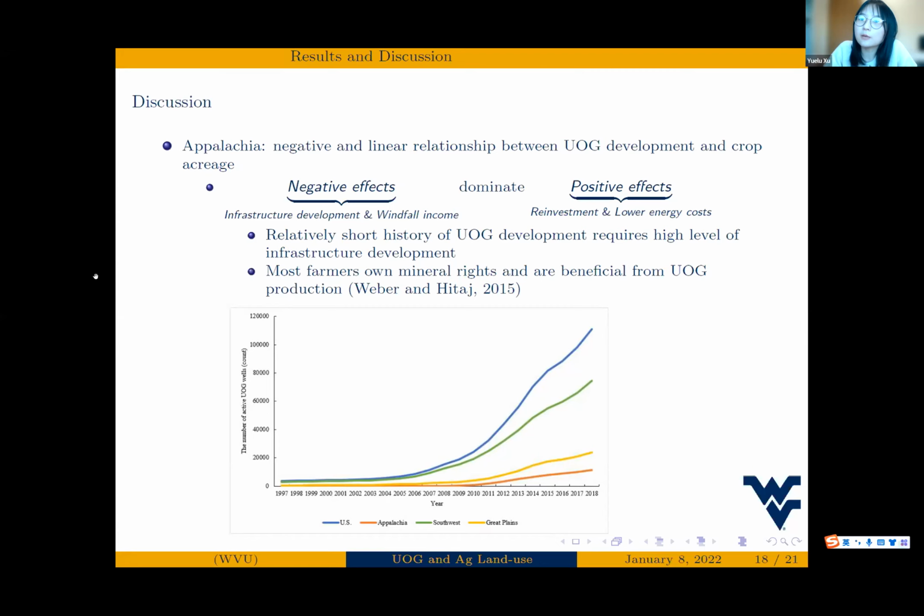First, the Appalachia region has a relatively short history of UOG development, which requires a high level of infrastructure construction. Second, previous literature reported that UOG development resulted in greater land appreciation in Appalachia, and more farmers in this region own mineral rights. So high windfall income in Appalachia may discourage agricultural production instead of supporting the reinvestment in crop acreage expansion.